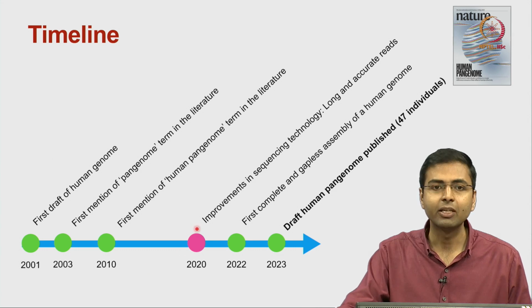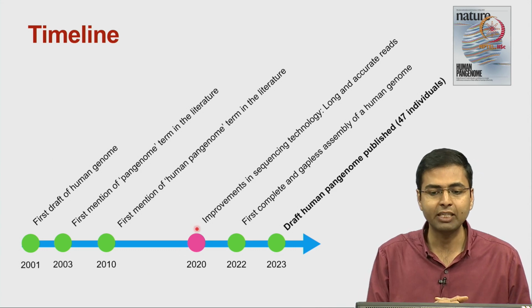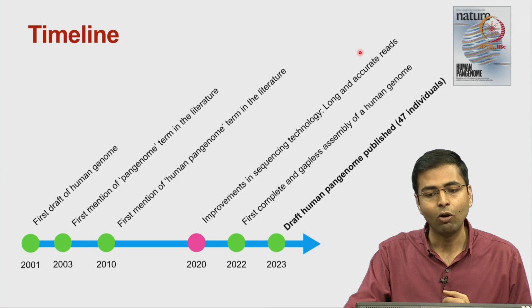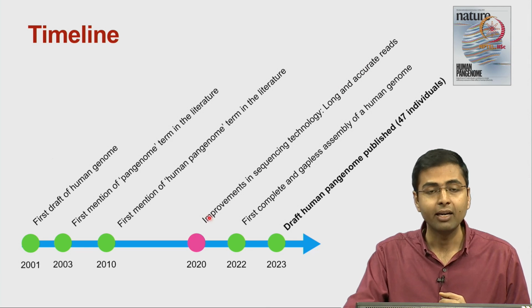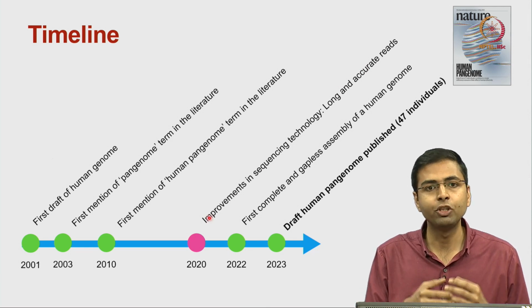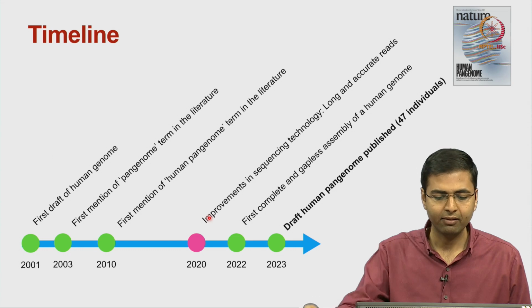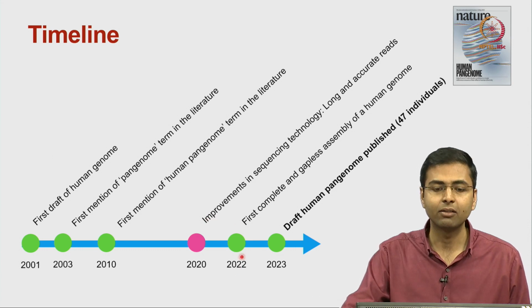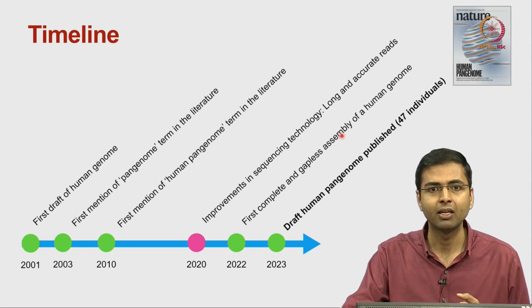Very recently, improvements in sequencing technology, for example, the ability to sequence long and accurate reads, dramatically improved the quality of genome reconstructions, and following that was also when the first complete and gapless assembly of a human genome was published.